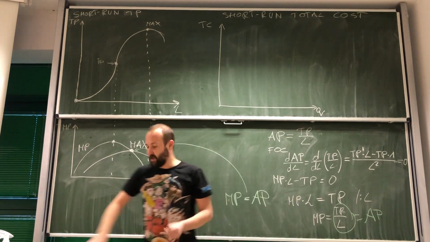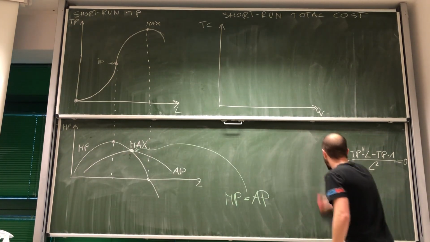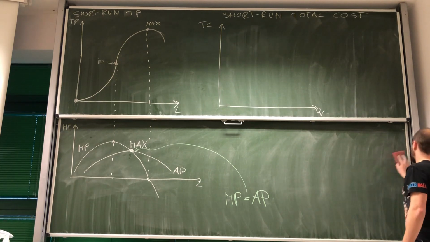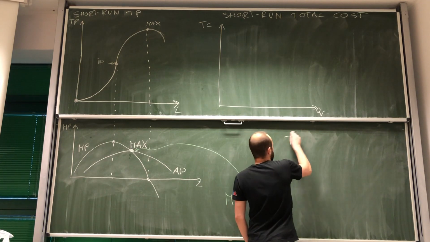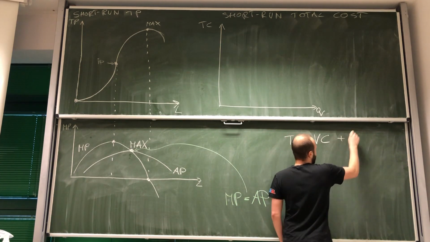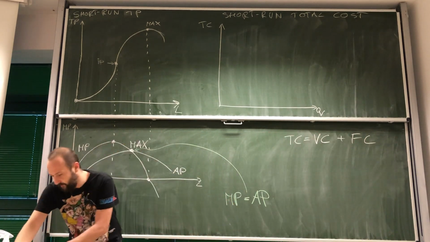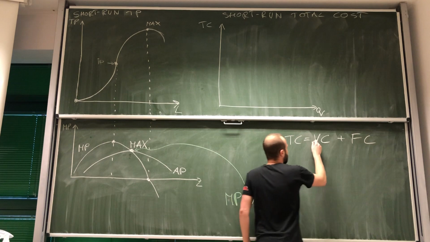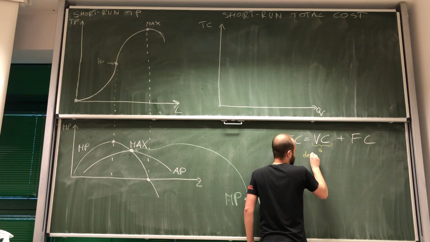Okay, first, total cost of the company, as you learned in your microeconomics class, can be divided into two parts. Into variable cost and fixed cost. What is the difference? Well, variable cost depends on the level of production.